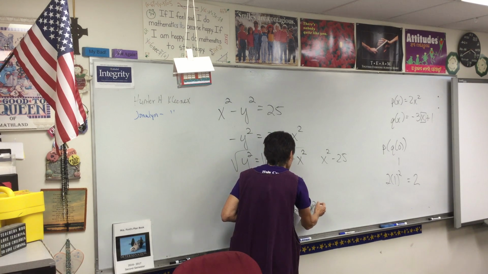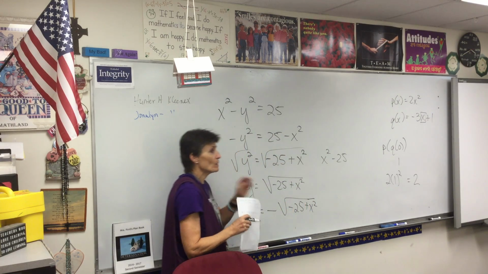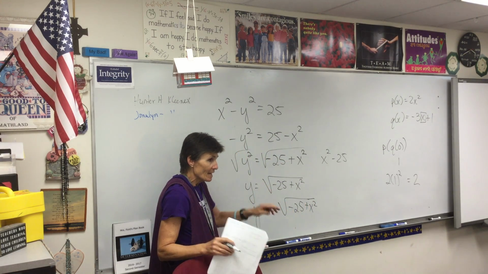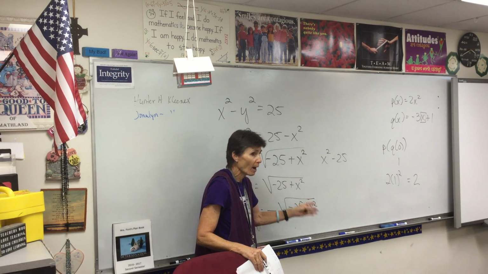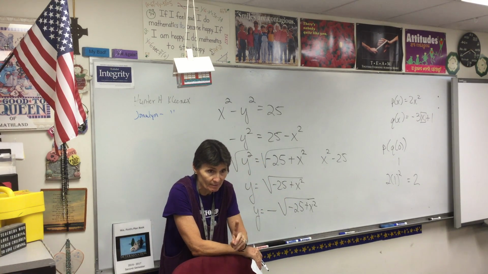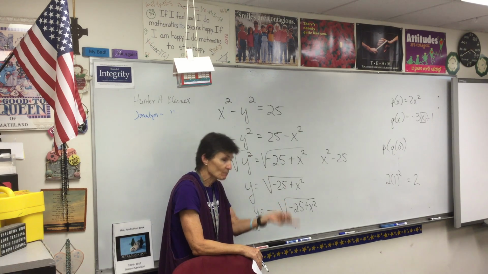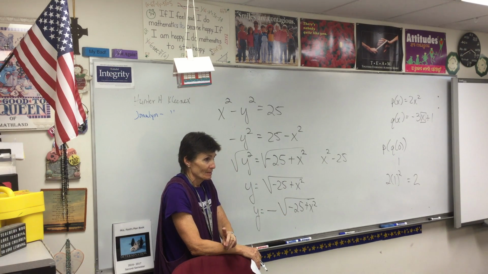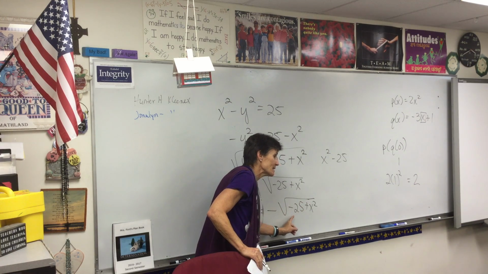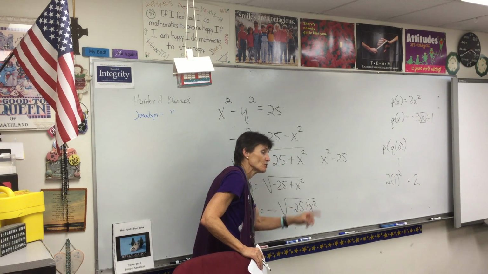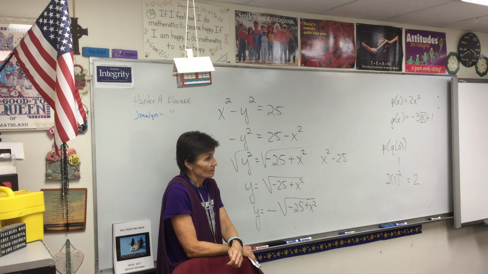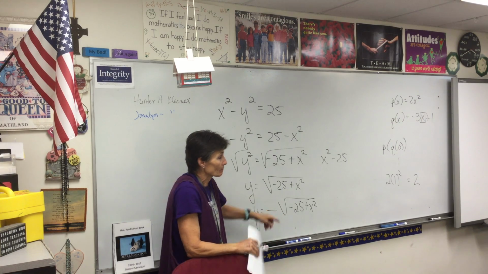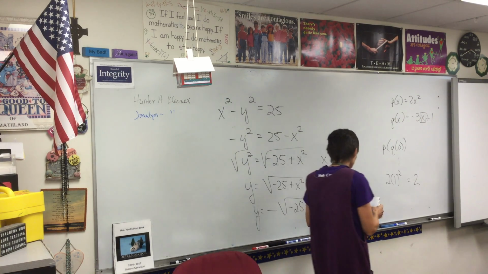Now, please note that we do not simplify, and that whatever is in the radical on both problems must be exactly the same thing. One has a negative out front, one doesn't. But if you go messing around with what's in here and they don't match, then you're going to miss probably the easiest problem on the test. Right? That's the answer.